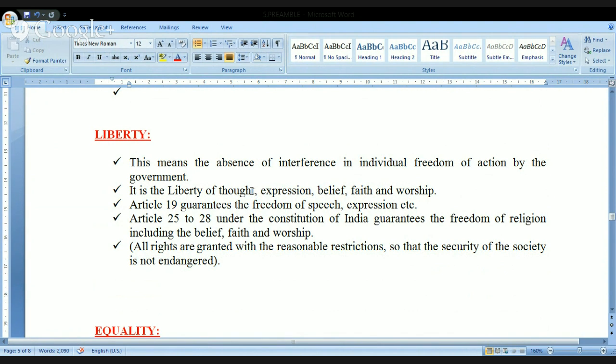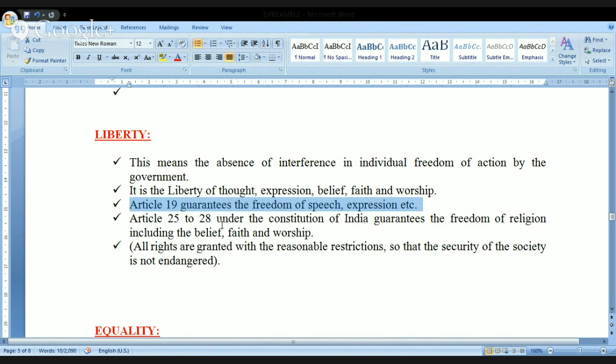Don't interfere. That is the basic idea. It is the liberty of thought, expression, belief, faith, and worship. Look at this, Article 19 guarantees the freedom of speech and expression. This is a part of the fundamental rights. I will explain to you in a very elaborate manner when we come to that topic.